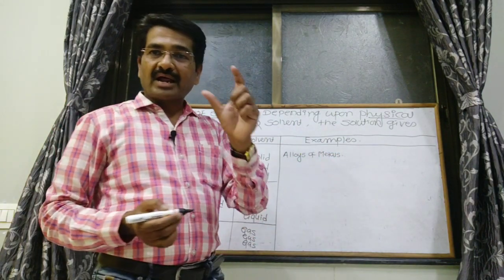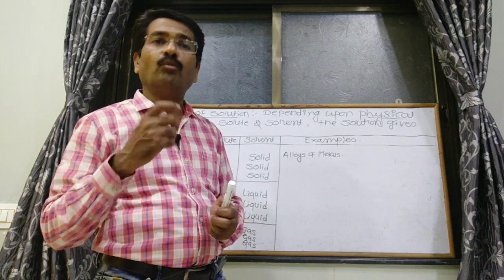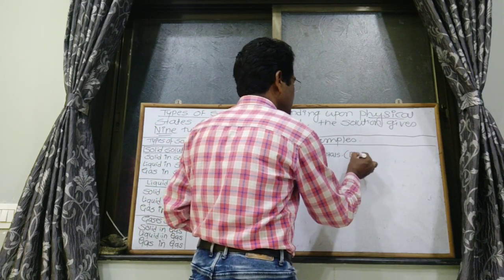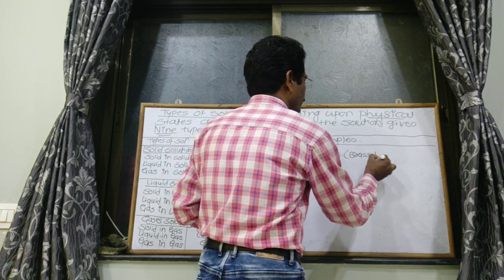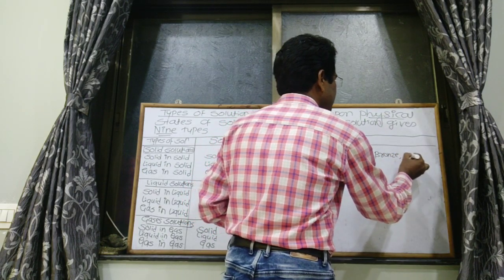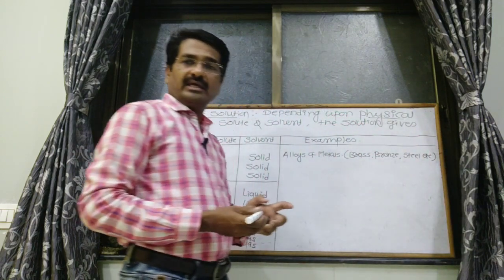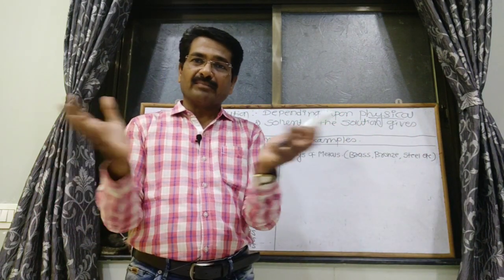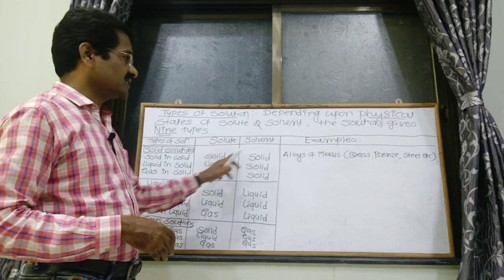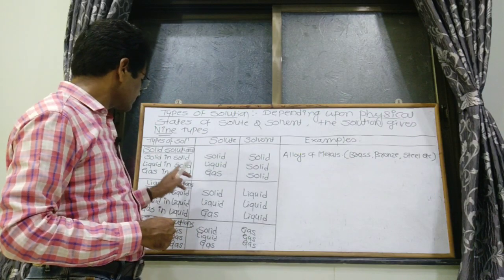For example, brass, bronze, gunmetal, Muntz metal, or stainless steel, etc. Any two or more metals can combine together to form a solution. That type of solution is called a solid solution. So alloy of metal is the best example.